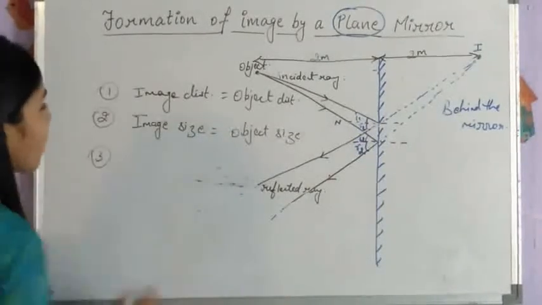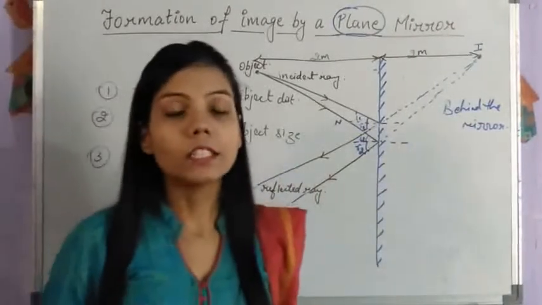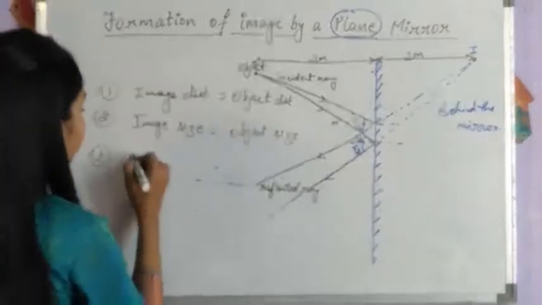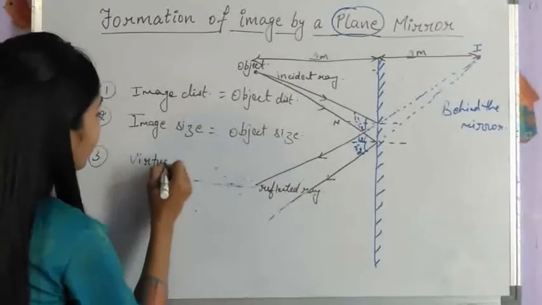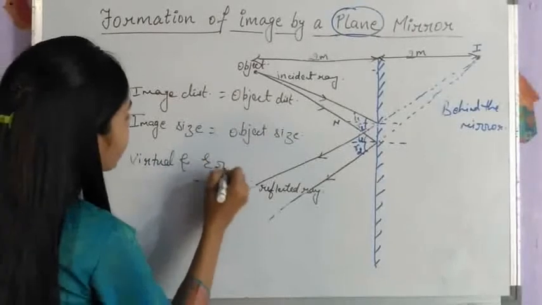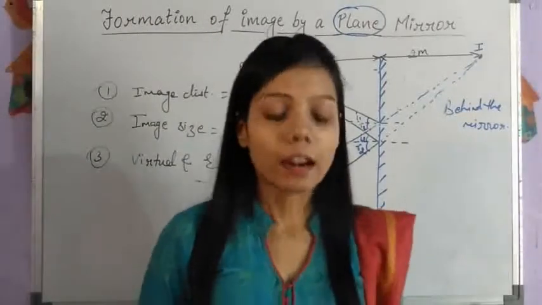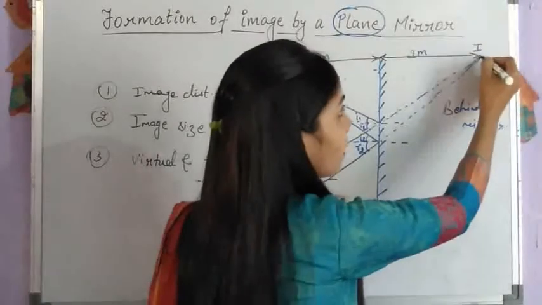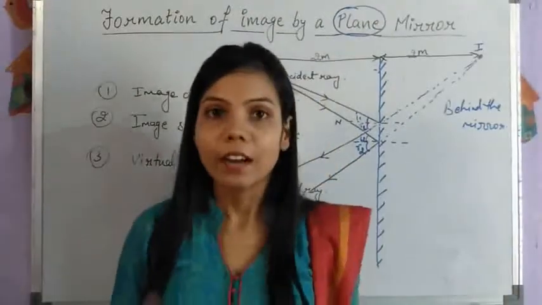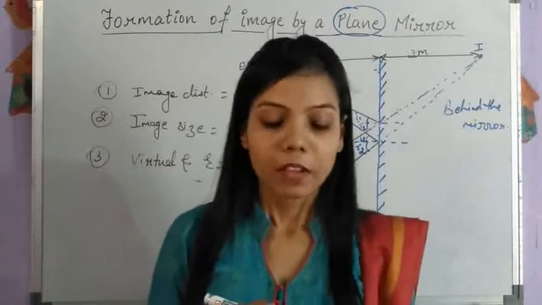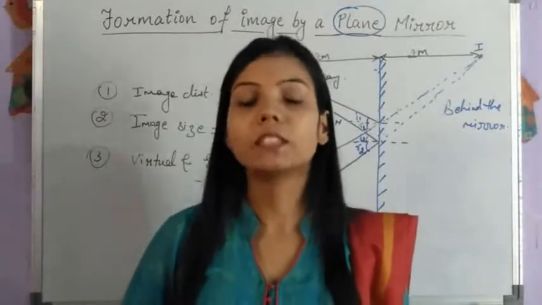One more thing is that the image is virtual and erect. Virtual and erect. This is a very important property, quality, that the image which is formed here is virtual. It is not a real image. Now what is a real and virtual image?